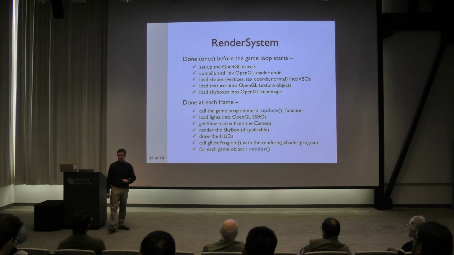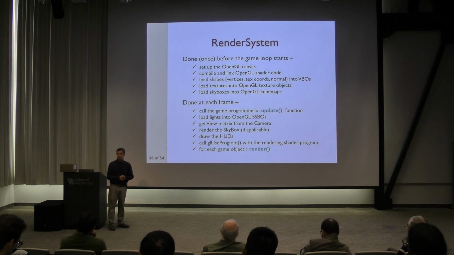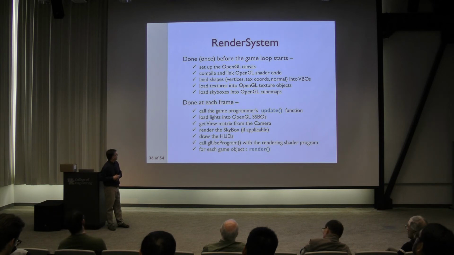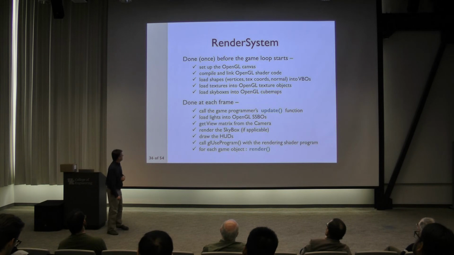And the programmer who's designing the game can put anything in there he wants. That's where the actual gameplay would be programmed. Now, loading lights, the lights could change. The view matrix has to be computed. All this stuff has to be done every single frame.